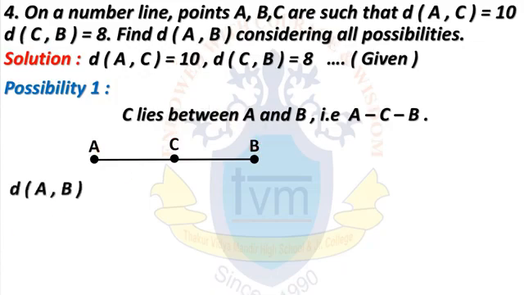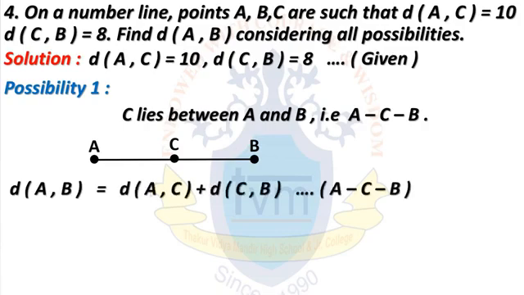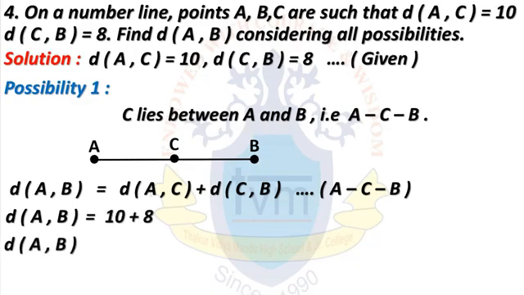So distance AB equals distance AC plus distance CB, since C is between A and B, that is A-C-B. Now we will substitute distance AC as 10 and distance CB as 8. So distance AB equals 10 plus 8. Therefore distance AB equals 18. So the distance between points A and B is 18 when point C lies between A and B. That was your first possibility.